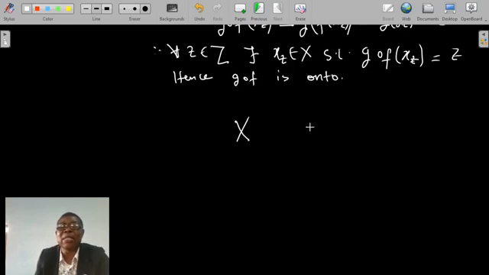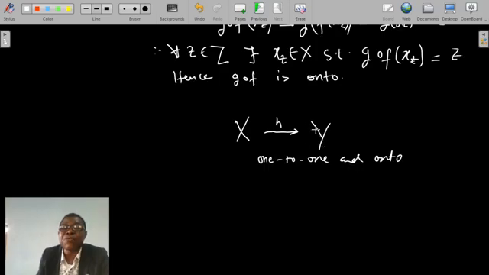If there is another set Y, and I'm able to get a map h from X to Y, which is one-to-one and onto, then this is enough. Being able to establish this existence of a one-to-one correspondence between X and Y is enough for me to conclude that Y is also countable.